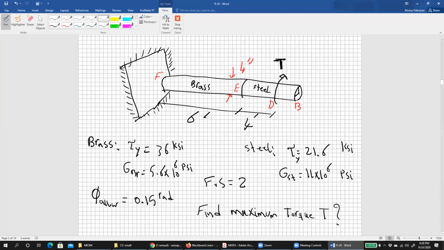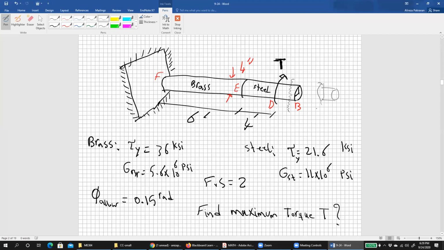We solved several problems already. In this segment, if you make a section, there is no force, right? There is no torque. So if you make a section, there is nothing here, and that torque is 0.